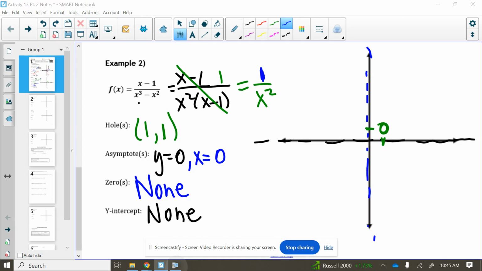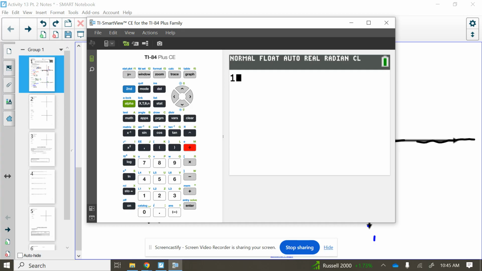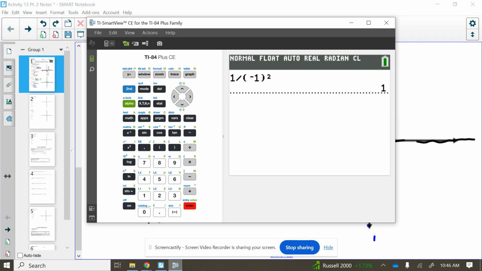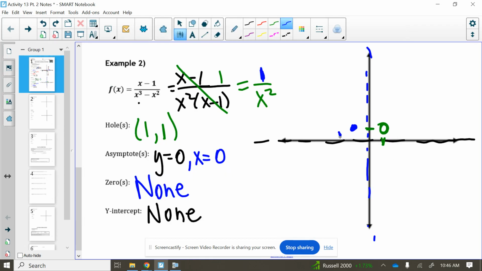Okay, now again, if we plug in some test points, if we take 1 over negative 1 squared, for instance, we get positive 1 as an output value. We could also test out 1 divided by negative 2 squared. If we plug that in, we get 0.25. So what we see is that our graph on this side is following along those asymptotes and cutting through those test points.